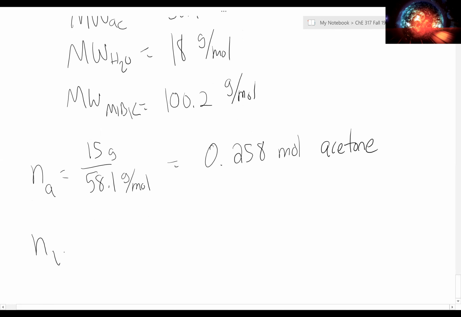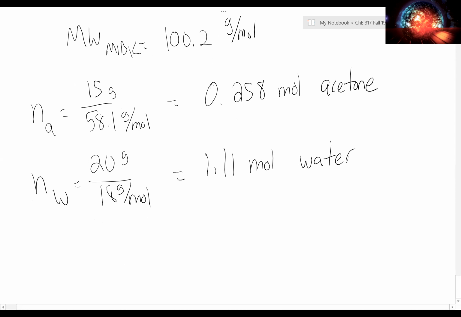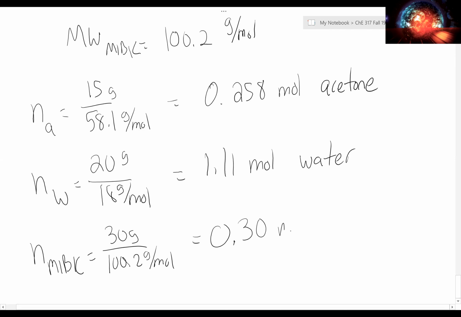Molecular weight of water is 18. So 20 grams over 18 grams per mole tells me I have 1.11 moles of water. And then last but not least, my MIBK, I had 30 grams over 100.2 grams per mole, which is 0.3 moles MIBK.